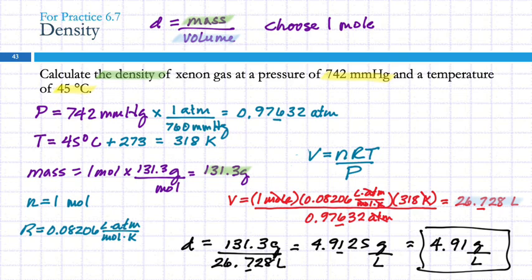But if you have more gas under the same conditions, the density is the same. And that kind of bothers people. It's like, well, it seems like you're just cheating to say, well, let's just choose 1 mole. But it doesn't matter what the size is, so we might as well make it easier on ourselves, right? You could choose 15.3 moles if you wanted to. You'd still get the same answer. Any other questions?